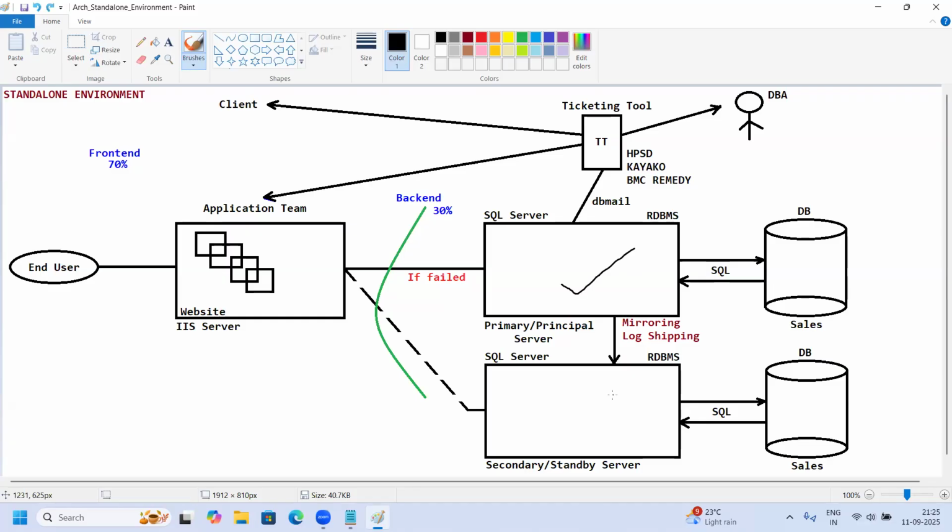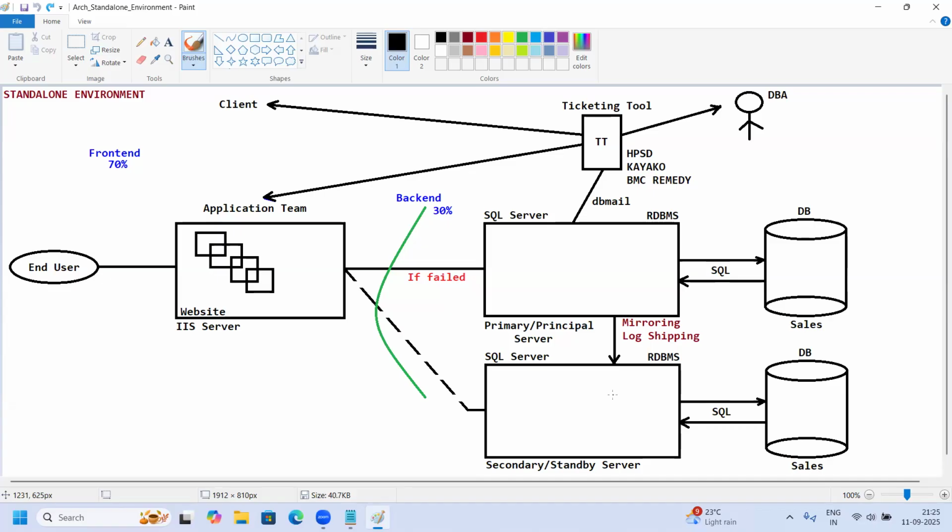Because for some reason, if your primary server fails, it can automatically switch over to the secondary or standby server.